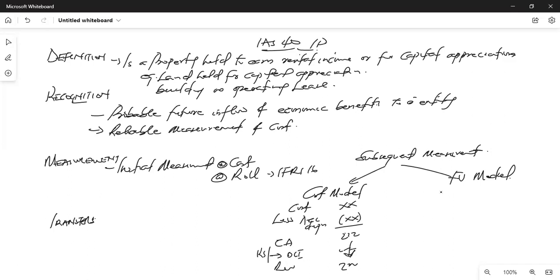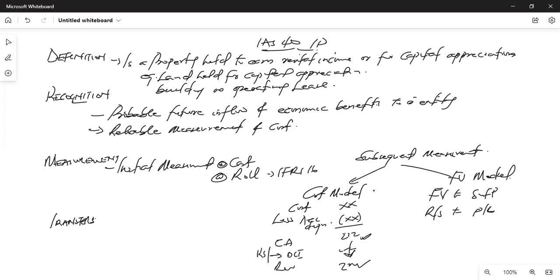Under the fair value model, what is going to happen here? Under the cost model, the asset goes to the SOFP, and any depreciation goes to the P&L. Under the fair value model, the fair value will go to the SOFP, and any revaluation surplus will go to the P&L, unless there is an initial revaluation that has taken place.